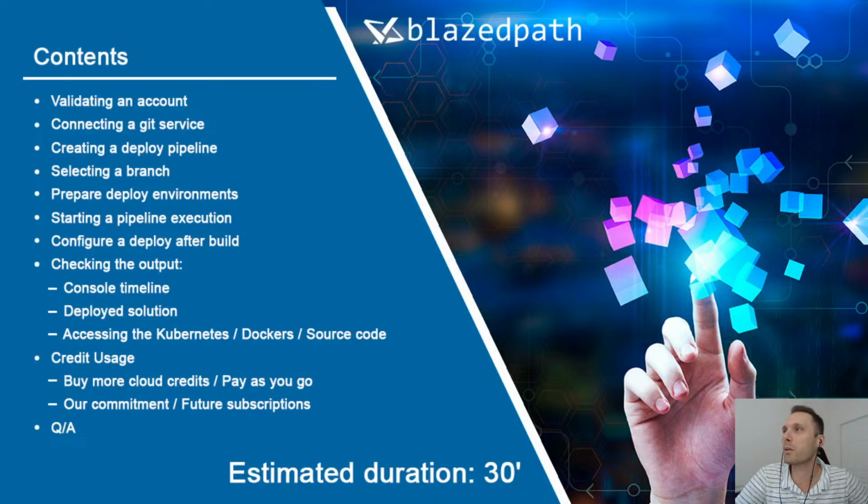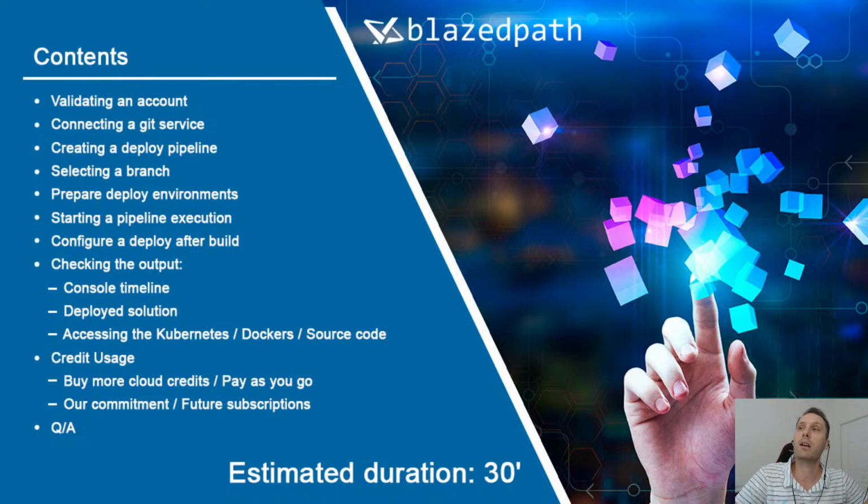Thank you, Gustavo. On our last webinar, we went over how to set up and install the Blazedpath application, the Blazedpath suite. We did a couple of examples to launch local testing, and we barely talked about how to actually get the full deploy and how to set up the final account on the Blazedpath cloud.